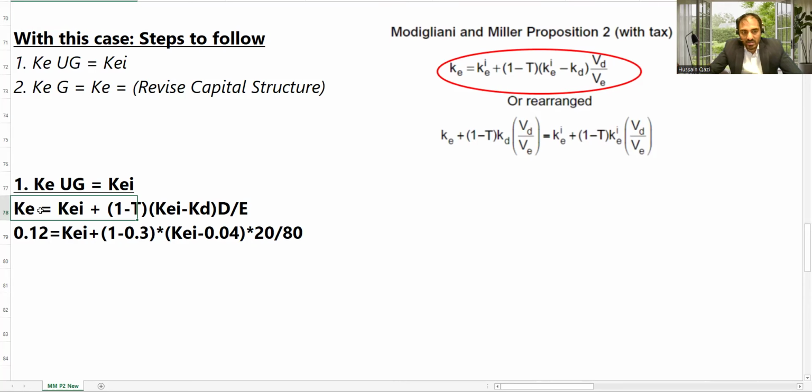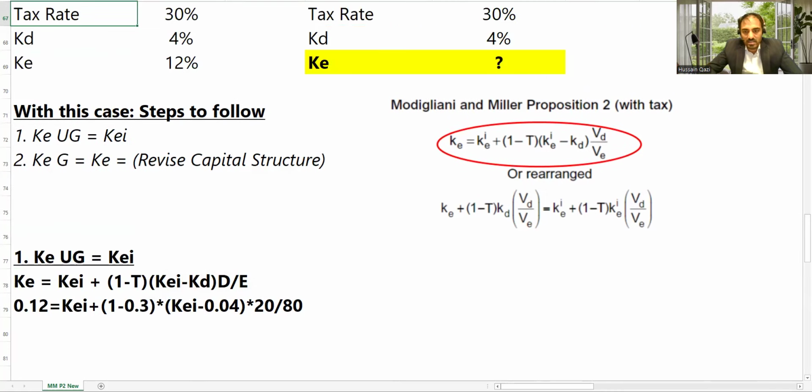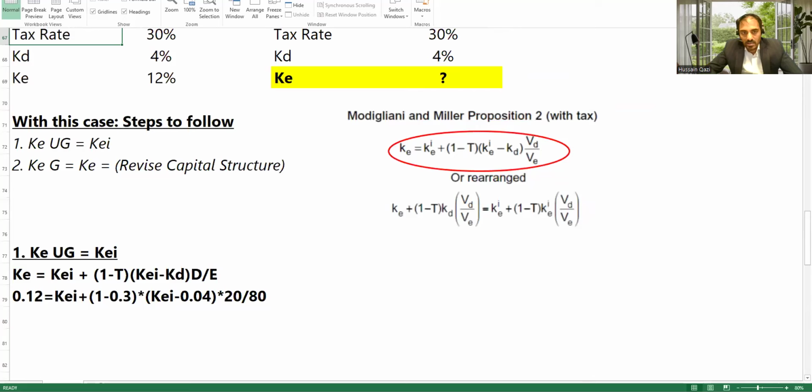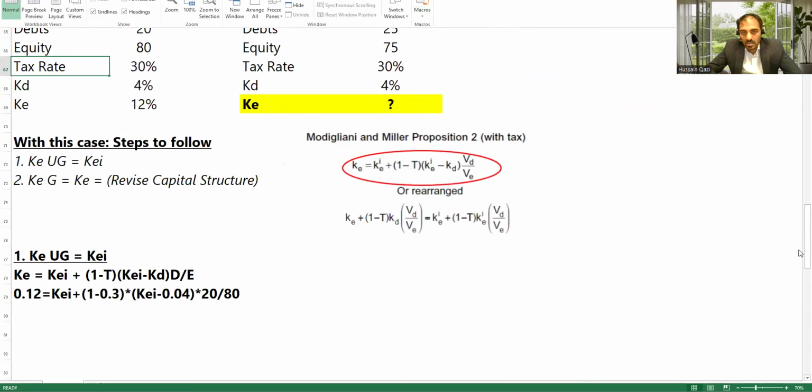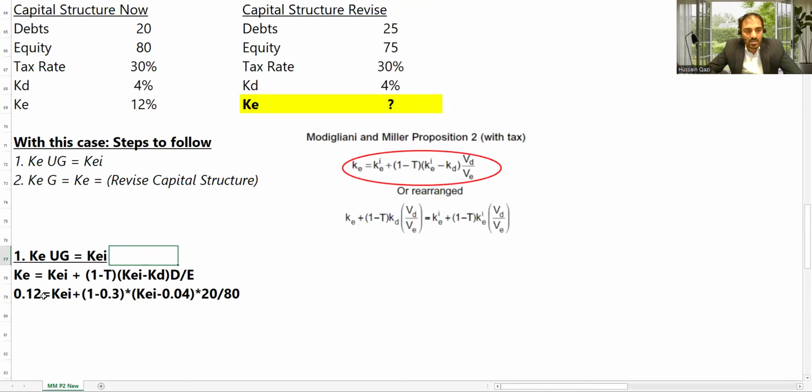So this is the formula, very basic. And we just incorporate the numbers. KE is 0.12, so 0.12 is equal to KEI plus (1 minus 0.3) multiplied by (KEI minus 0.04) multiplied by 20 divided by 80.